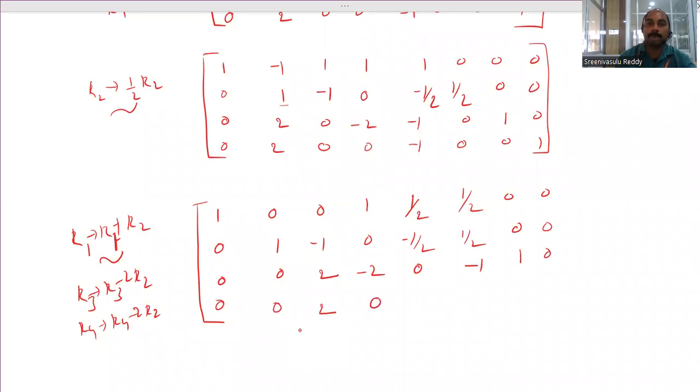Minus 1 minus of 2 times of minus 1 means 0. 0 minus 2 into 1 by 2 means minus 1. 0, 1.